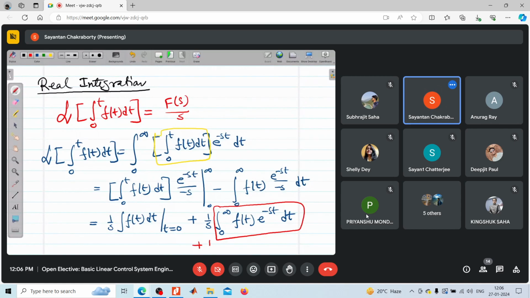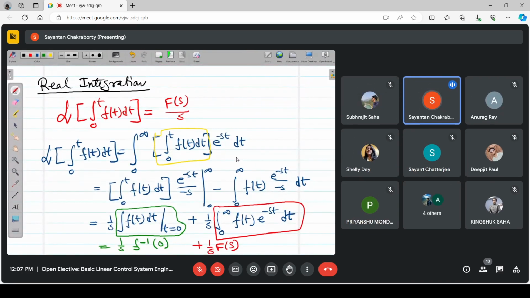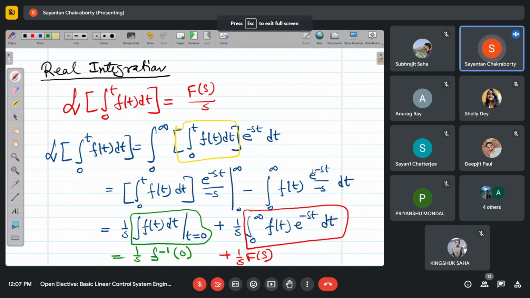So plus 1 by s F(s), and this portion gives 1 by s the integration of f(t), which is calculated at t equal to 0, normally referred to as f to the power minus 1 of 0. So f to the minus 1 of 0 by s.